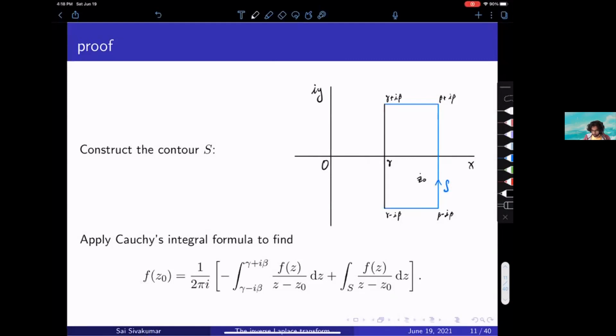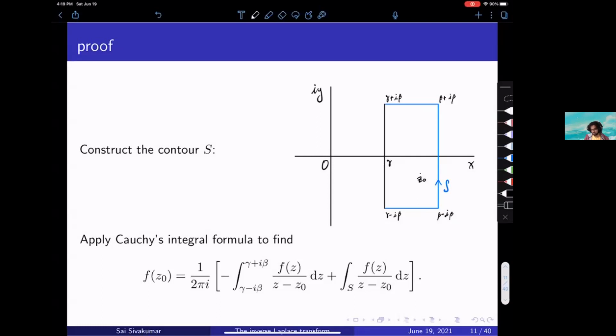So we're going to, first of all, truncate the line that I drew earlier. So instead of going all the way down to minus infinity in the negative axis and all the way to positive infinity there, we're going to stop it at this point, gamma plus I beta, and then again, gamma minus I beta.